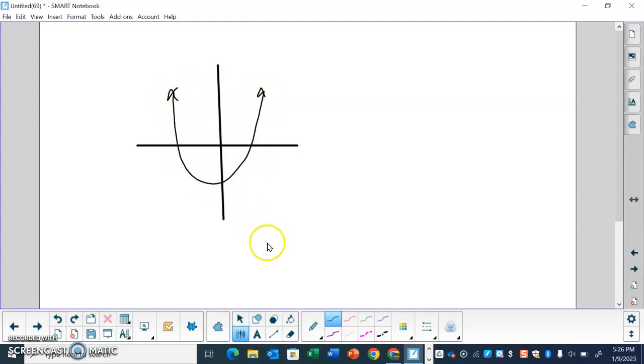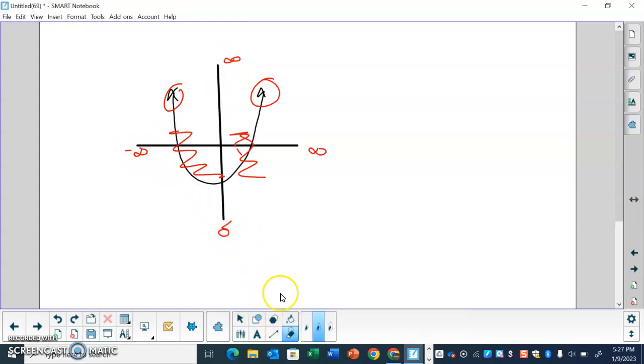The thing we look at within end behavior are the arrows on the end. I really don't care what happens in between. None of this really matters when we're talking about end behavior. So we're looking at what the arrows are doing, whether they're going to infinity or negative infinity. And with end behavior, we're really just talking about the y in many respects.